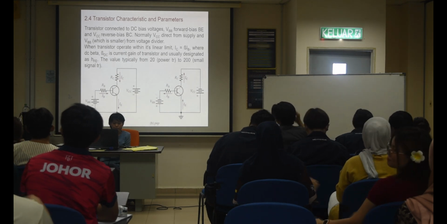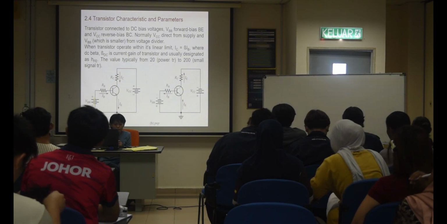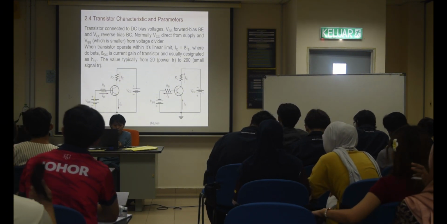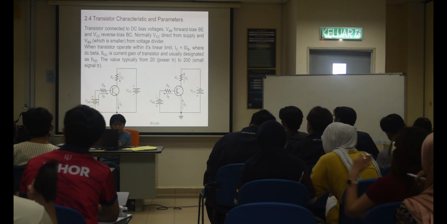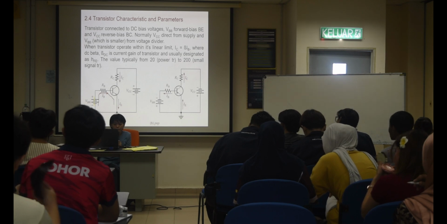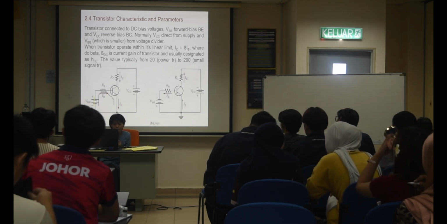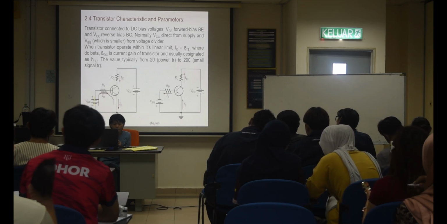Okay, here. So here VBB, can you see? Red color. So here VBB, you coming in, you pass through here. Okay, this one VBB, at here BE junction, this one we call the BE junction, is forward biased.